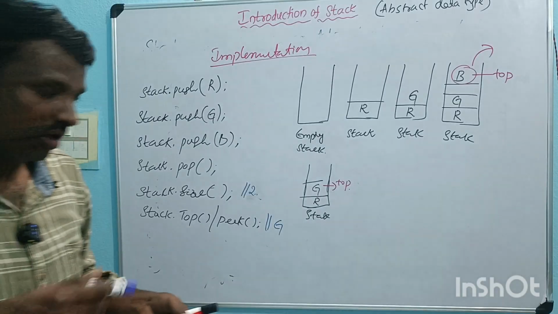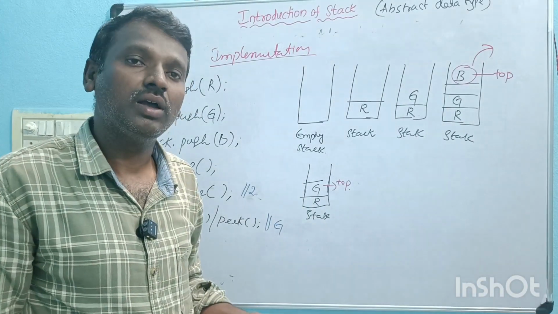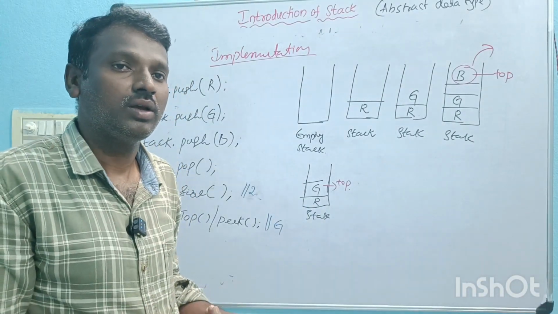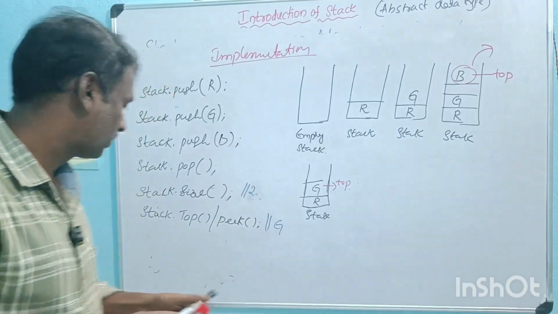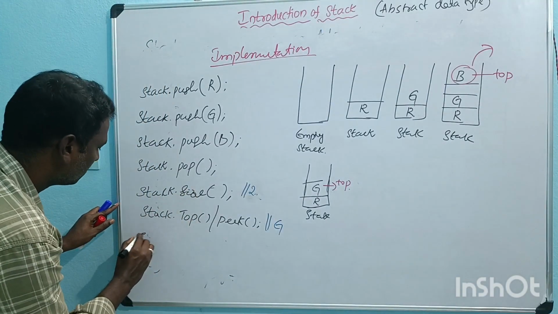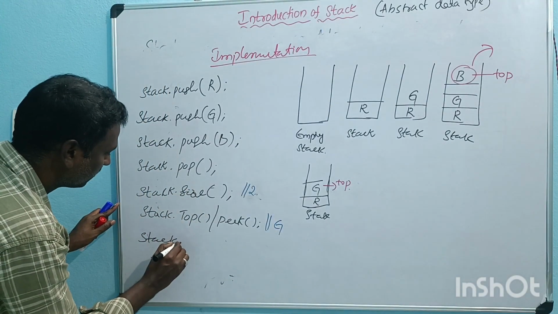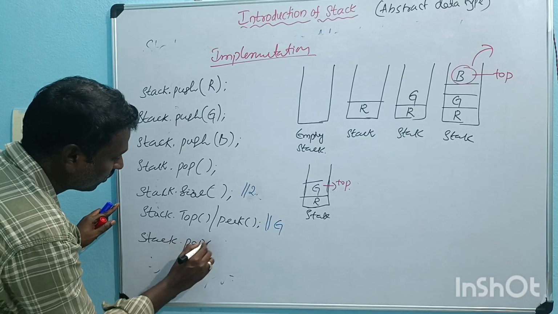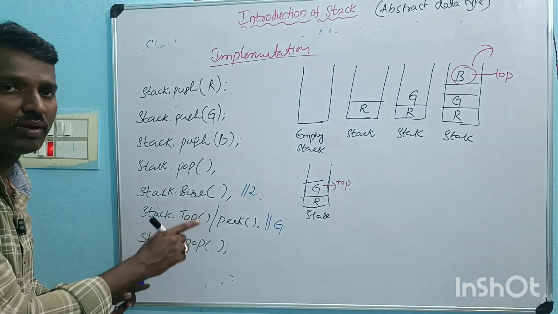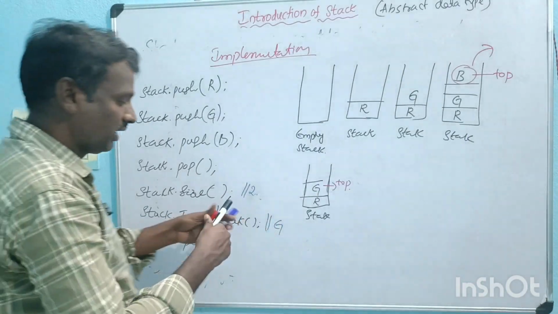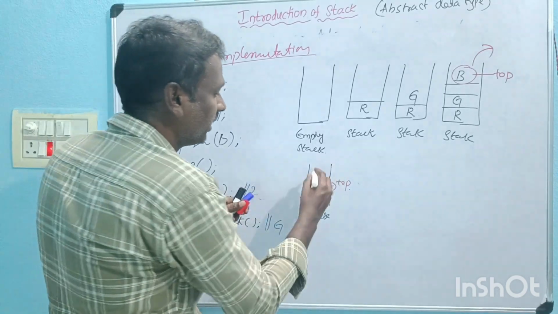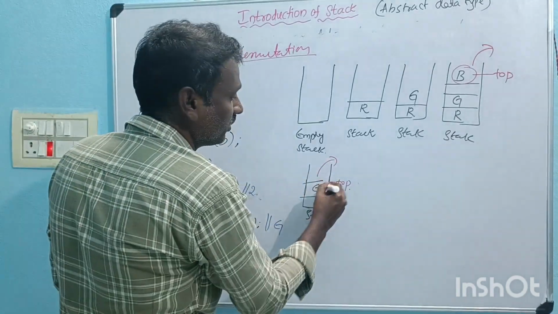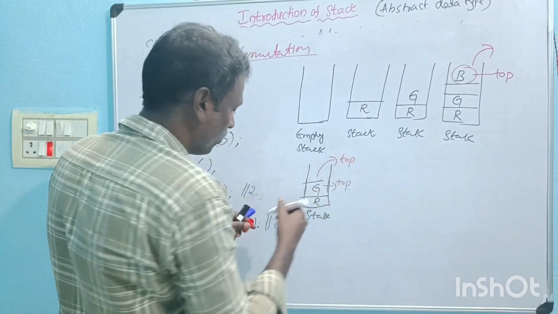Okay. Now I am performing another deletion. The query is the same, stack dot pop, without specifying an element ID or element name. Then automatically G will be removed. This is the top element, so it is removed automatically.